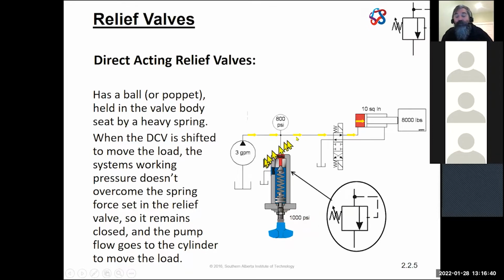If I try to get more flow, I'm only actually going to get the 1 gallon because there's nowhere else for it to go. The pump will work harder, and I've got more resistance to flow because I've got resistance from the valve size, not just the valve setting, and the pressure would actually exceed 1000 PSI. So it's important to make sure we've got valves designed for the maximum flow in our circuit.